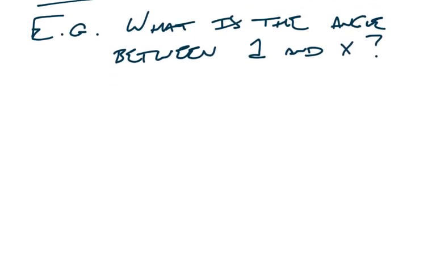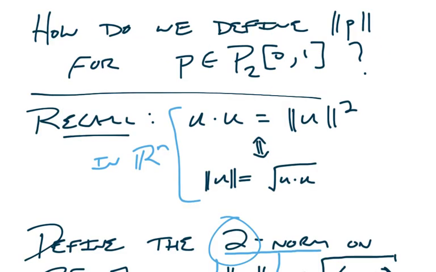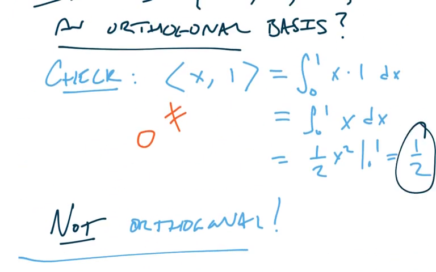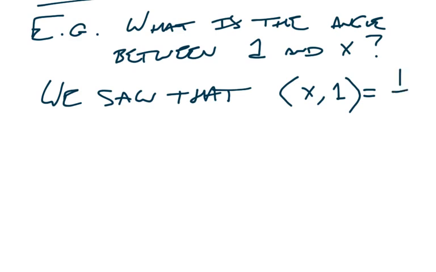Well, we saw before that the inner product of x and 1 was equal to, right there, 1/2. And we just calculated their norms.